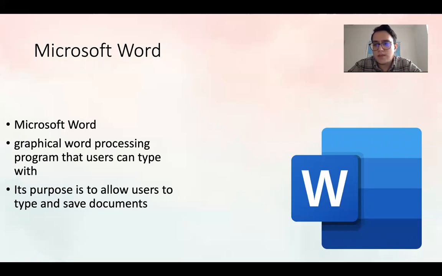I think by now we all have used Microsoft Word. It's very typical. Instead of writing with your hand, you can use Microsoft Word to type in the information or write an essay or do anything. You can add pictures, do research, type, and it even can check your spelling. It can help you to write better.